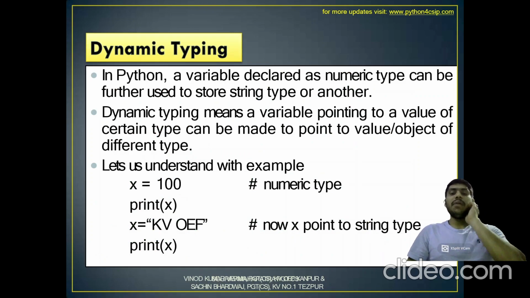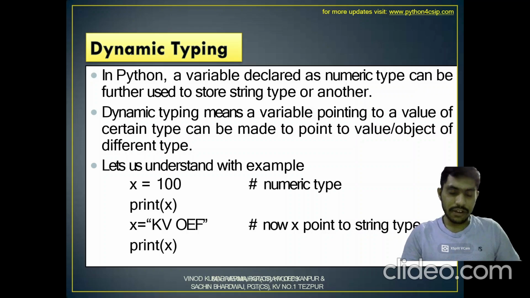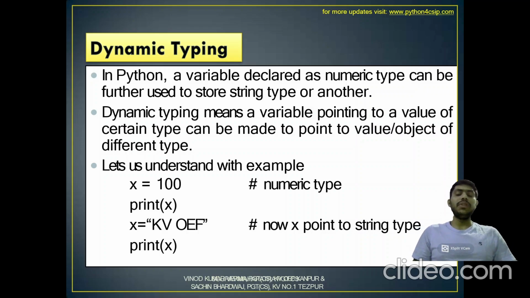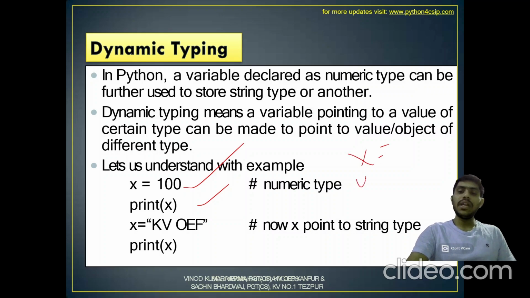Then dynamic typing, a very good concept. In Python, a variable declared as a numeric type can be further used to store a string type or another type. Suppose you have declared a number. They have given an example: x equal to 100, print x. Then if I write another, x equal to hello world, it will also work.